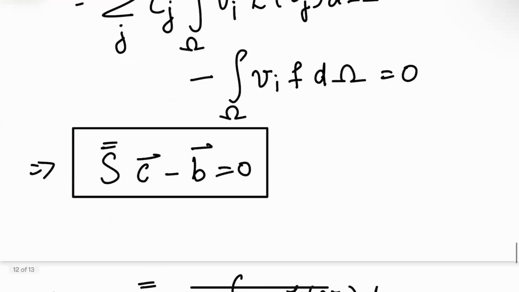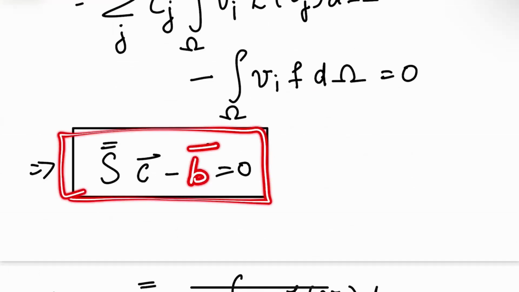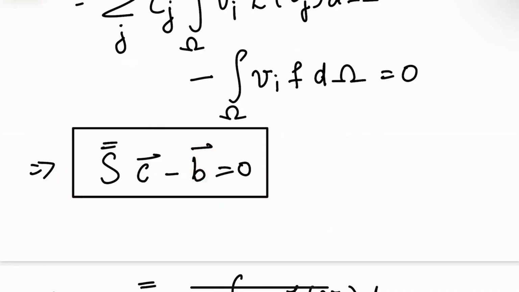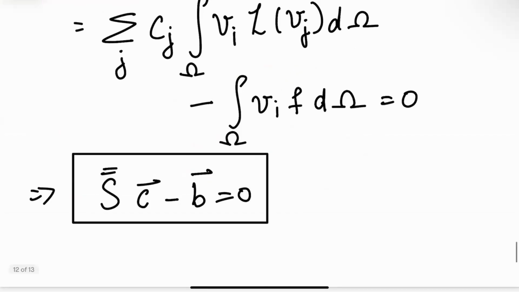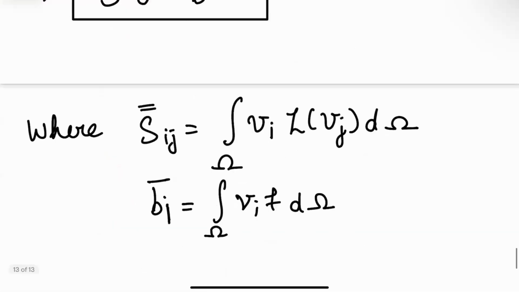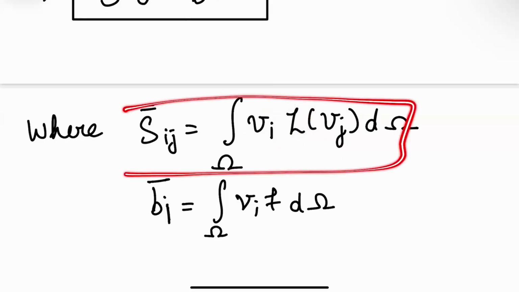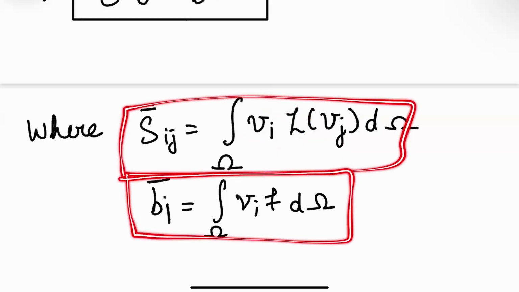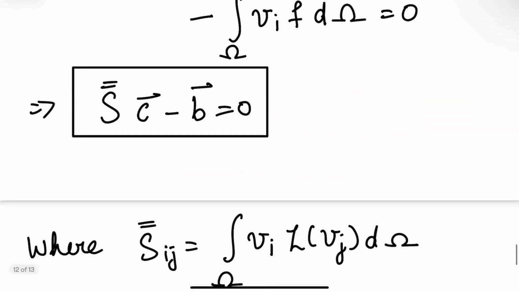So we ended up with this matrix equation. We know what B is because it just depends on the source function, which is known, and the basis function, which is known for a given basis. We know what S is because S depends on the basis or testing functions and the operator, which is also known. So you can calculate all of these quantities either numerically or analytically, and that gives you a matrix equation.